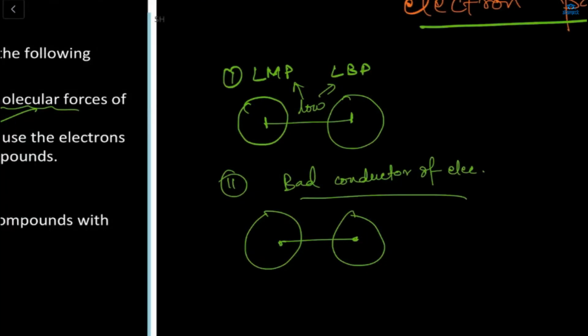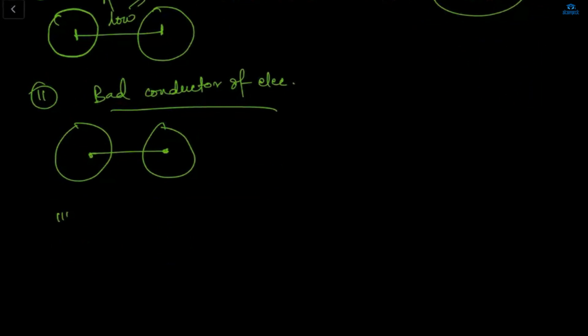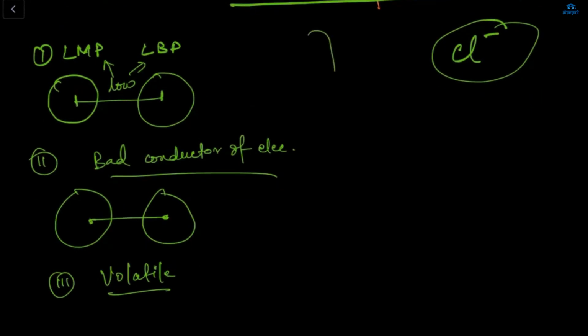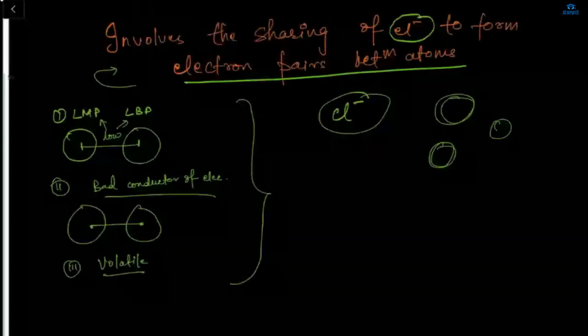What is the third point? They are volatile in nature. So these are the properties of covalent compounds, and this is the definition: it involves the sharing of electrons to form electron pairs between the atoms.